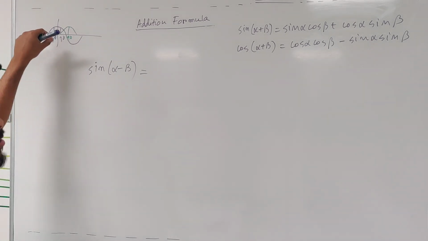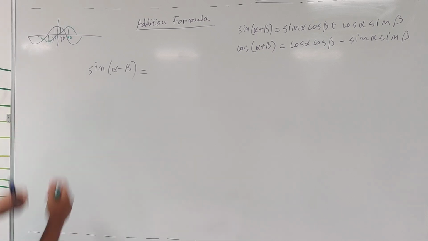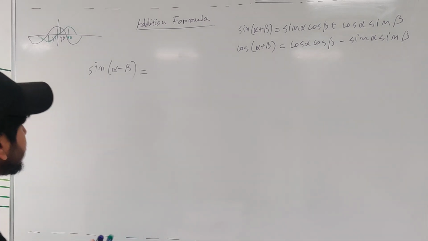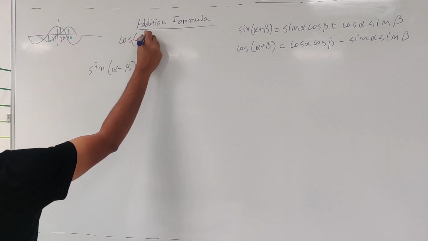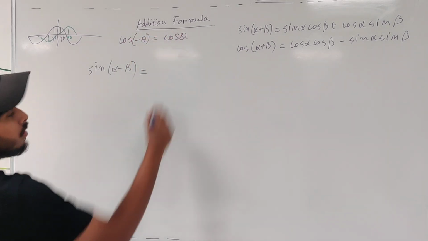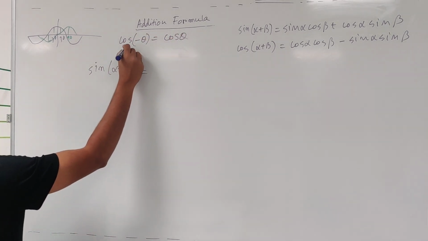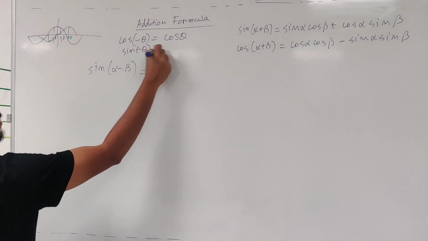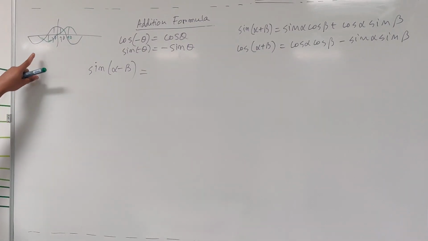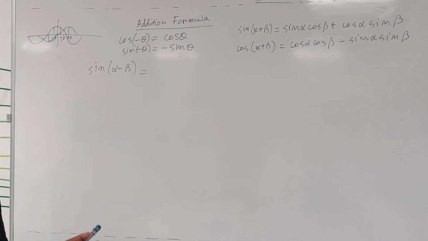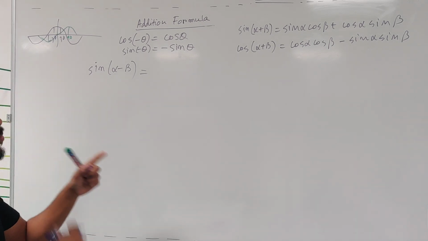It's called symmetric about origin, or an odd function. So to summarize, cos of minus theta is still cos theta, but sine of minus theta is minus sine theta. As you can see here, minus 90 gives you minus 1, that is minus of sine 90, or minus of 1.